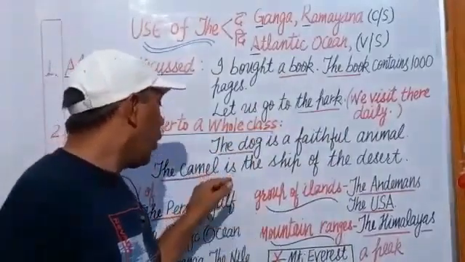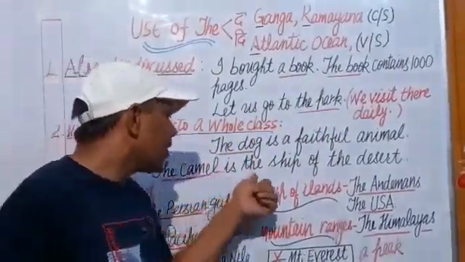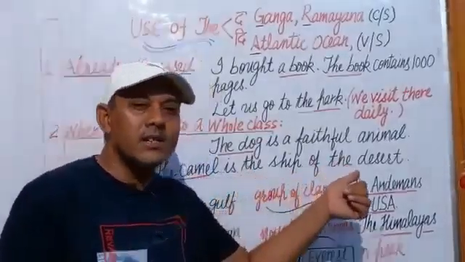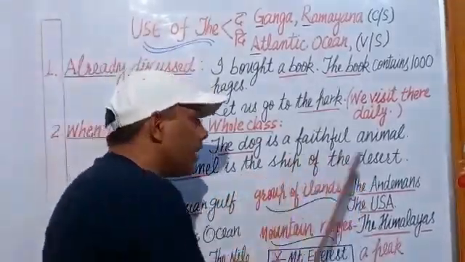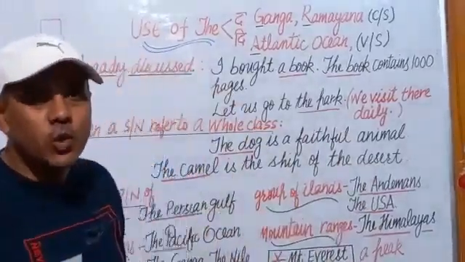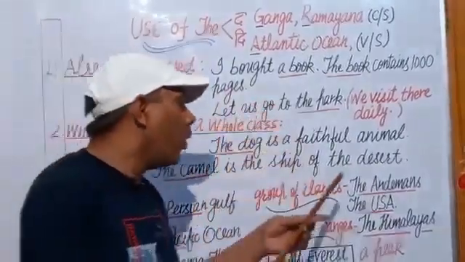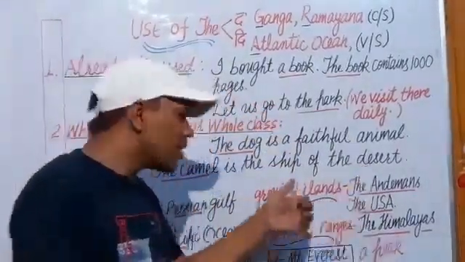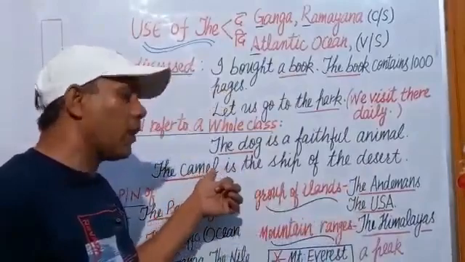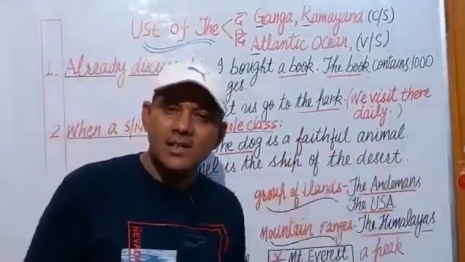Or I can say all the camels. The camel, it is the ship of the desert. Here the ship and desert also symbolize or refer to all ships and all the deserts. That's why we use the before camel, ship and desert in this sentence.